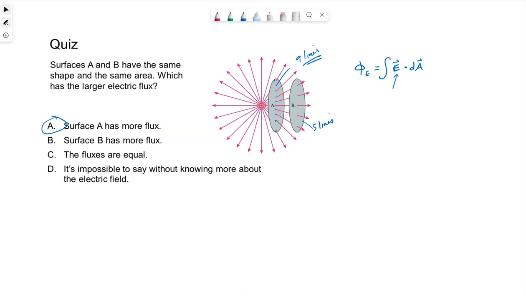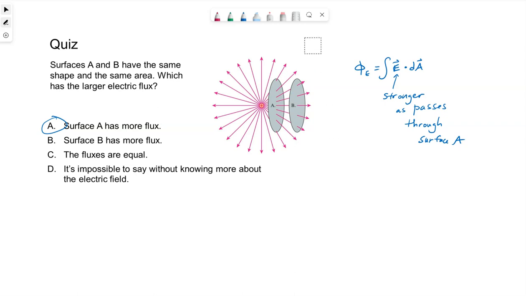But in general, the electric field, as it passes through A, on average is going to be stronger than the field as it passes through B. And again, the number of lines are representative of that as well.